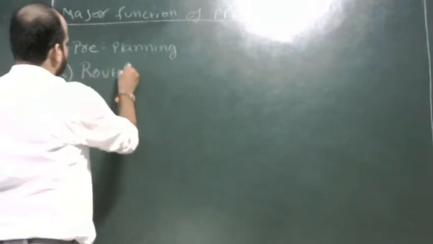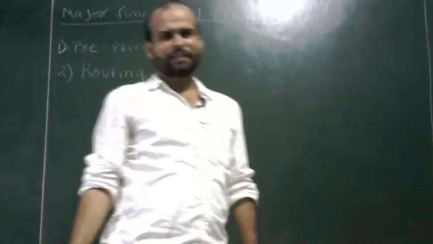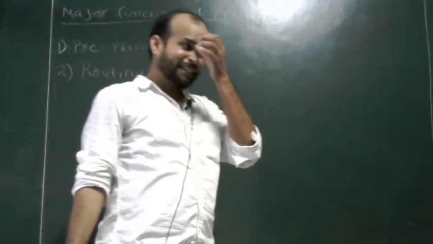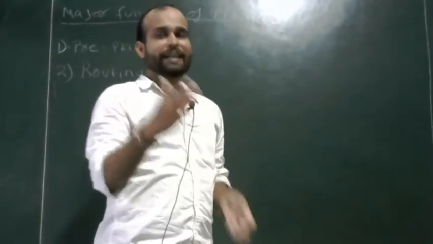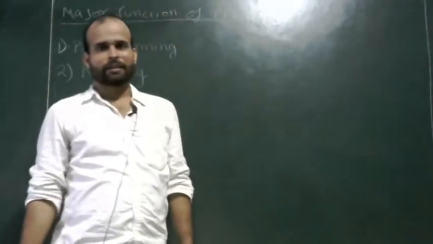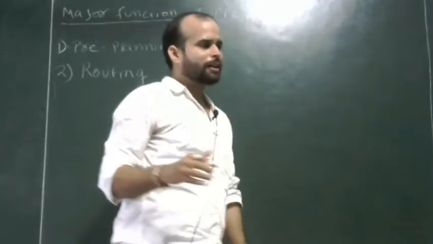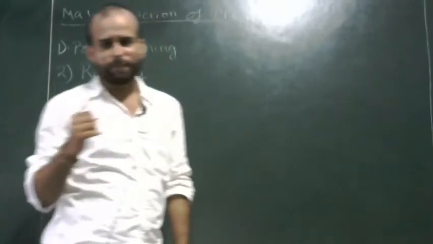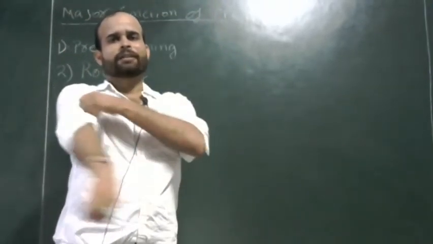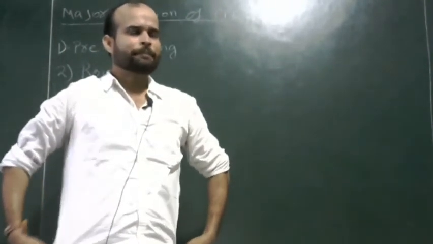Second thing, routine. Routine is related to the way, as clear from the name, route means a way, means what are the ways that you are going to employ for your production planning.